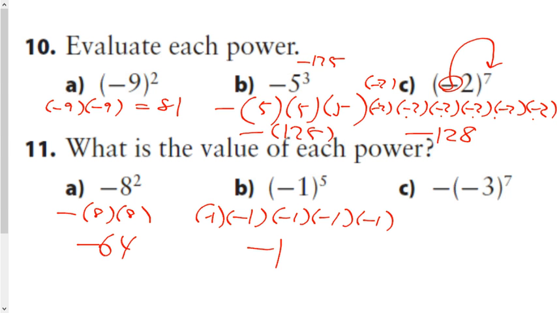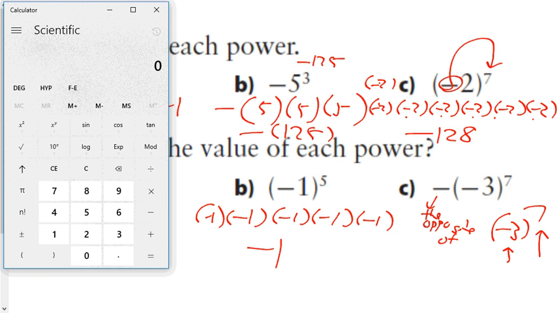The opposite of negative 3 to the 7. So since negative 3 to the 7 is a negative base to an odd exponent, if I put it into a calculator, I know my answer is going to be negative, so I'm going to put negative 3 as my base, and I define it as my base, to the exponent of 7. It says it is negative 2,187.